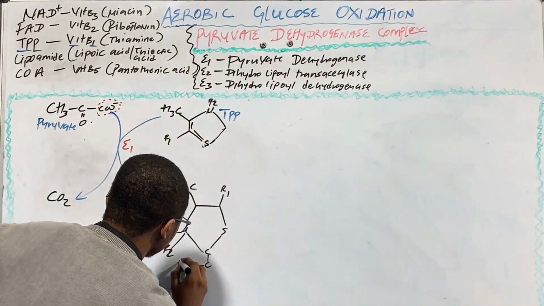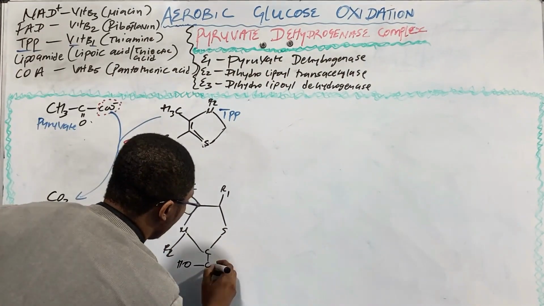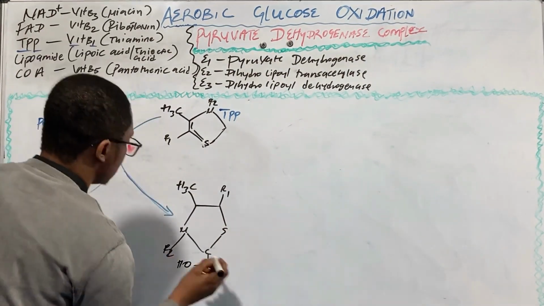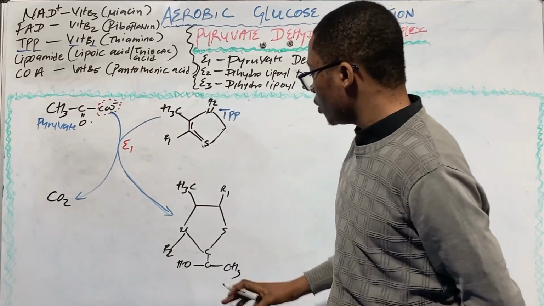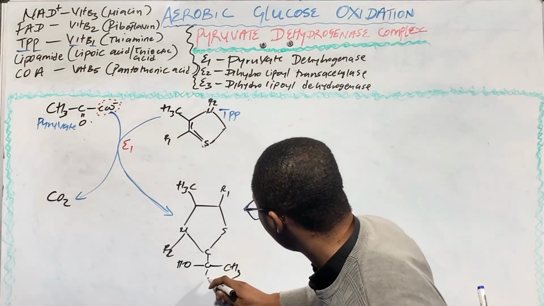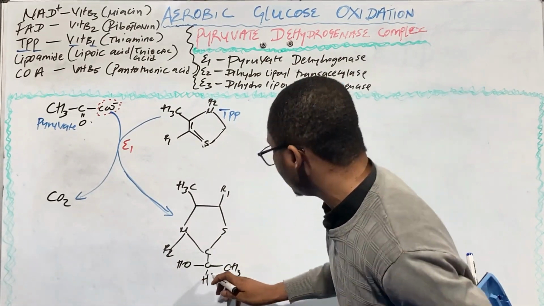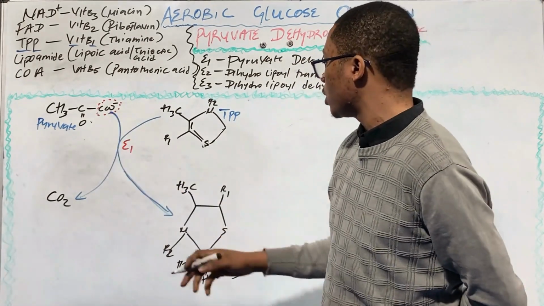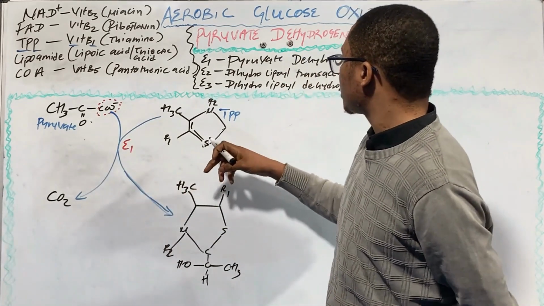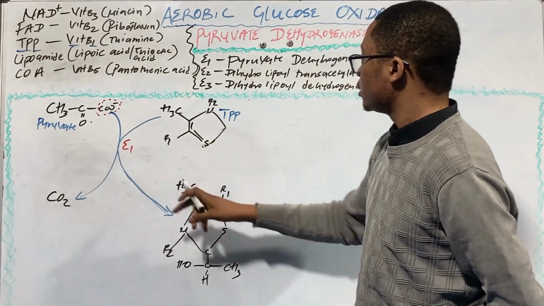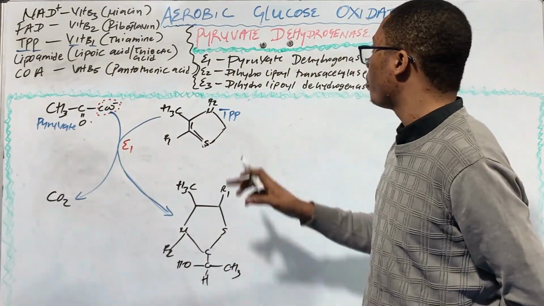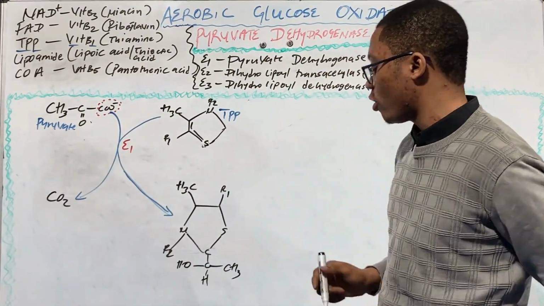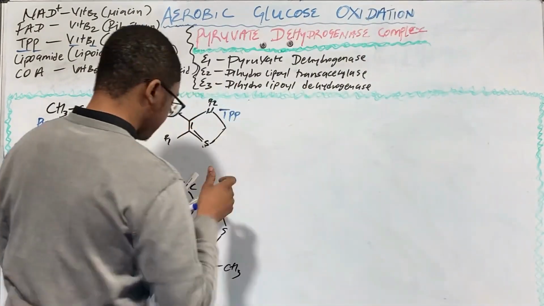This is the hydroxyl group that is formed, and this is the other side of the reaction. Remember, a hydrogen is added to this carbon. So this is what happens when pyruvate reacts with thiamine pyrophosphate. This is catalyzed by enzyme 1, pyruvate dehydrogenase.